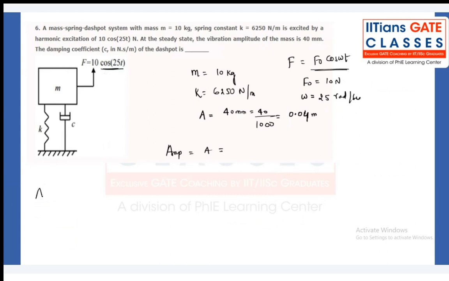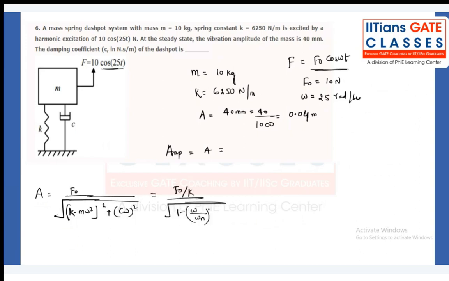We have two formulas, guys. Remember, we have two formulas. One is F naught under root of (K minus M omega square) whole square plus (C omega) whole square. We can also have this formula, F naught by K under root of 1 minus omega by omega n whole square, and so on. Both are the same. I'm not saying both are different.